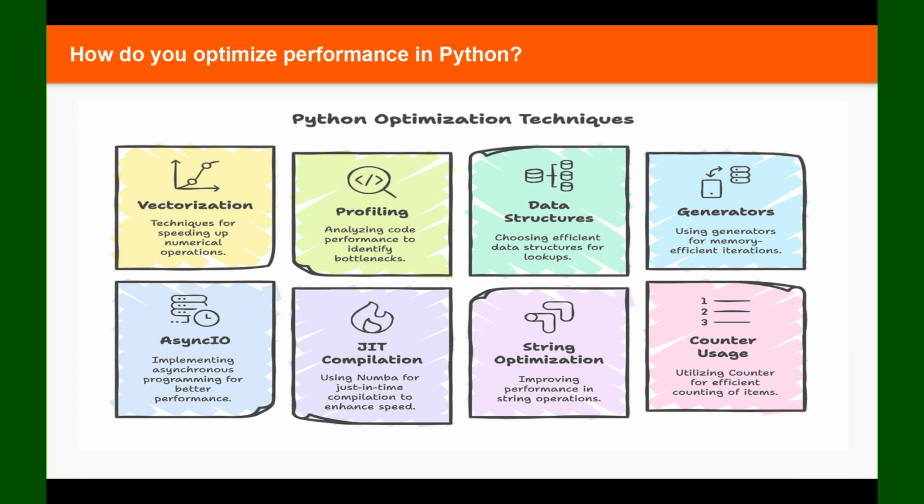Python's built-in functions like sum, map, filter, sorted are implemented in C and are highly optimized. We can use libraries like NumPy, Pandas, and collections for effective data handling.